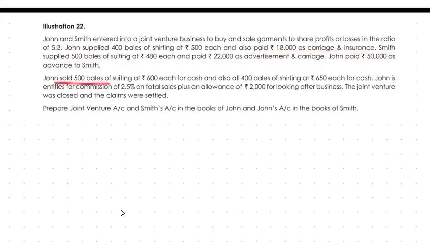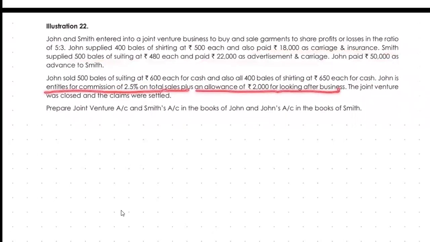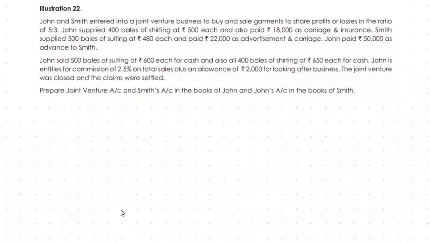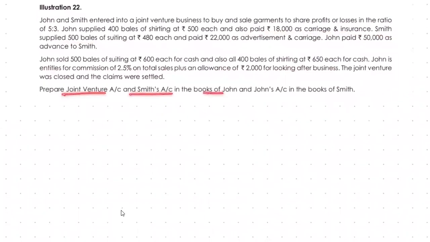John sold 500 bales of suiting at 600 each for cash and also 400 bales of shirting at 660 each for cash. John is entitled to commission of 2.5% on total sales plus allowance of 2,000 for looking after business. The joint venture was closed and the claim was settled. Prepare joint venture and Smith account in the books of John and John account in the books of Smith.